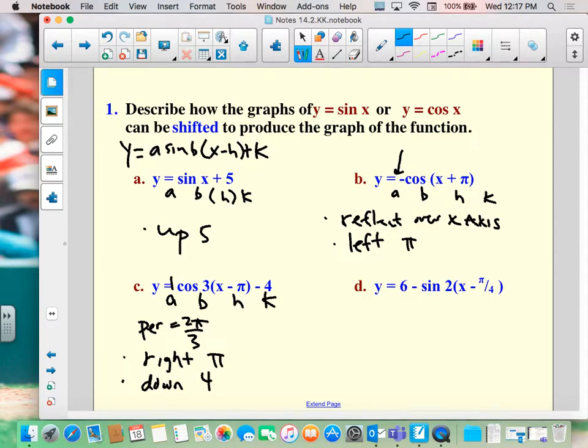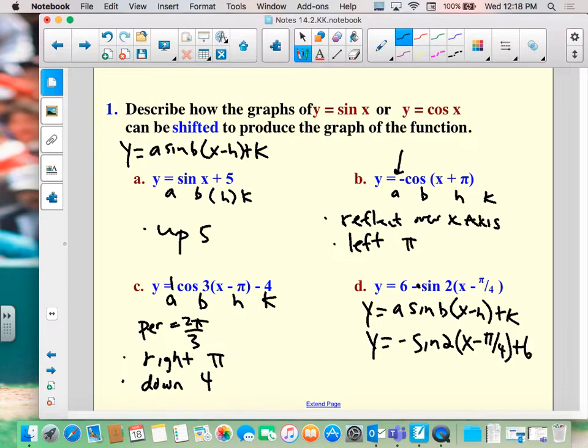Now letter D, we got to give you a little challenge. I would rewrite this one, everybody, and this will make you think a little bit. Remember, it goes y equals a sine b, x minus h in parentheses plus k. Well, if you notice, a is actually right here. So the 6 could be moved to the end, and we could rewrite this equation as negative sine 2 x minus pi over 4 plus 6.